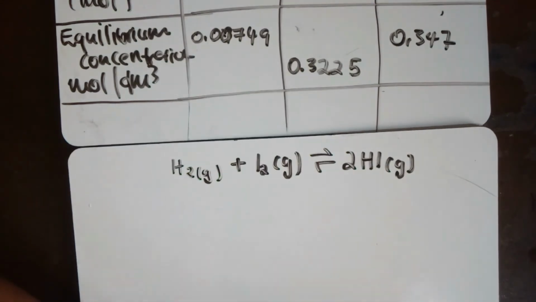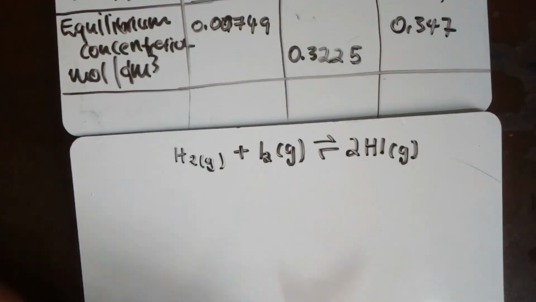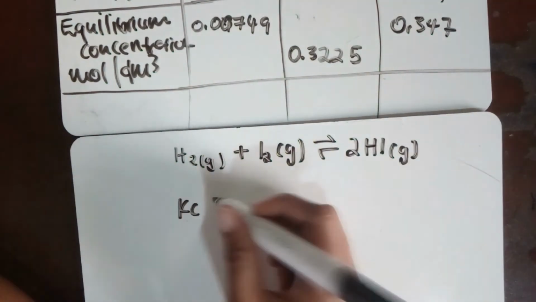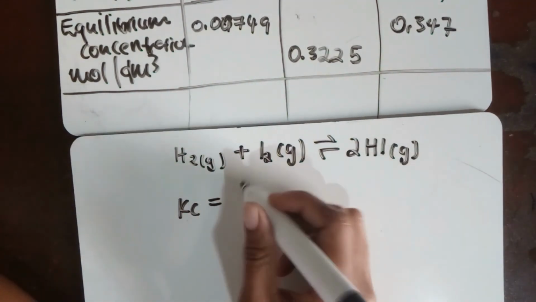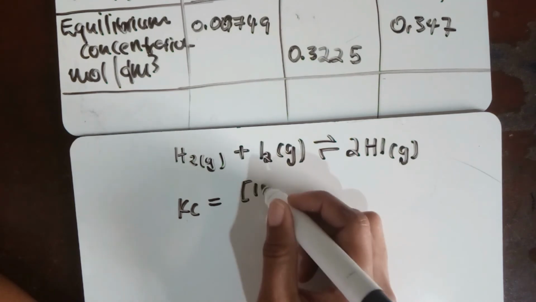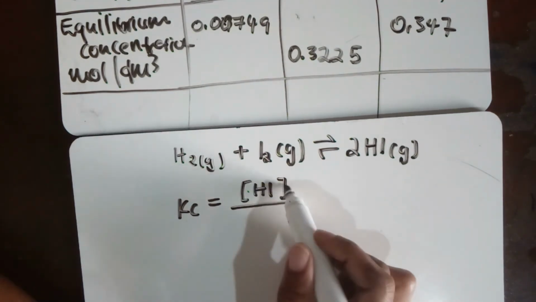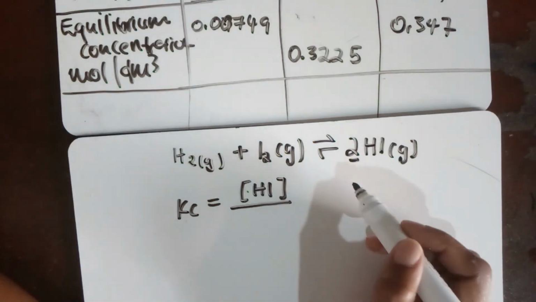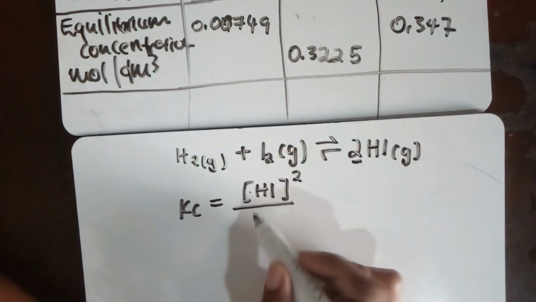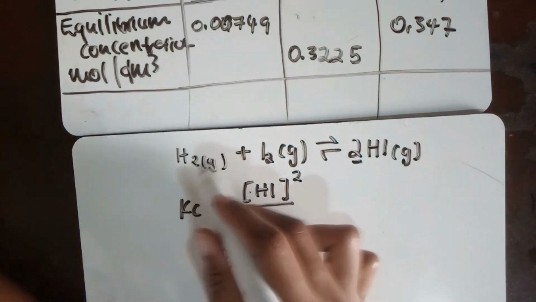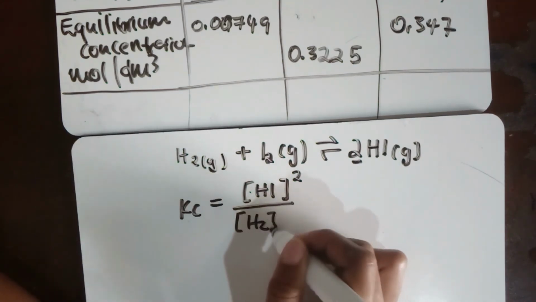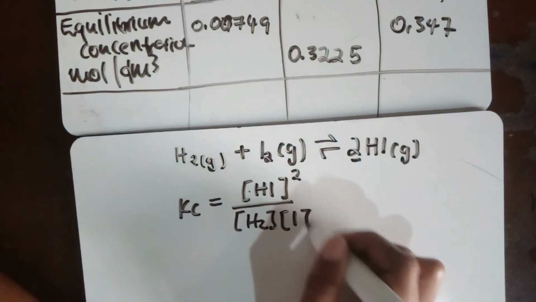Okay, so we have the concentration. This means that we can find Kc. Remember, we can write the expression for Kc to be the ratio of the concentration of our products, HI, and because the coefficient is 2, we have to put the square, divided by the ratio of the concentration of our reactants, which is H2 as well as I2.